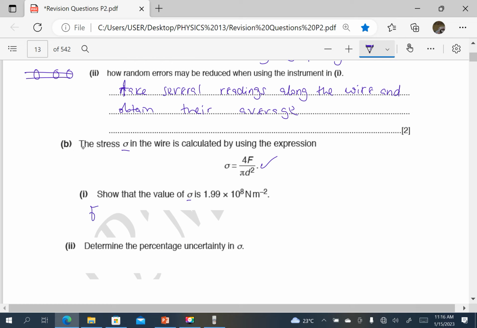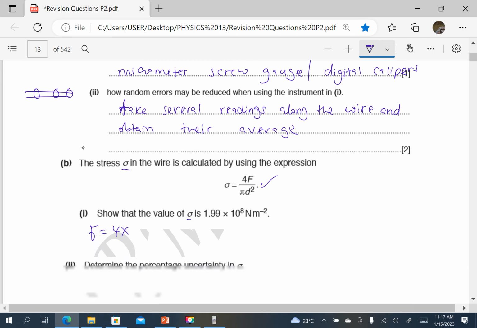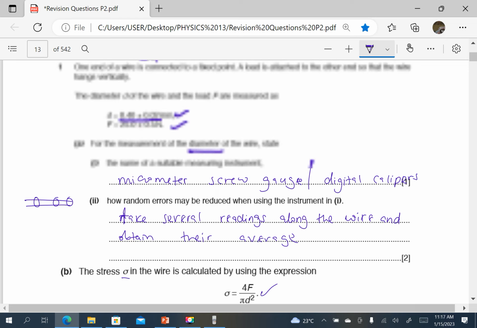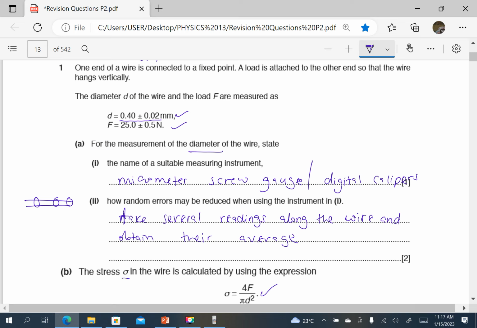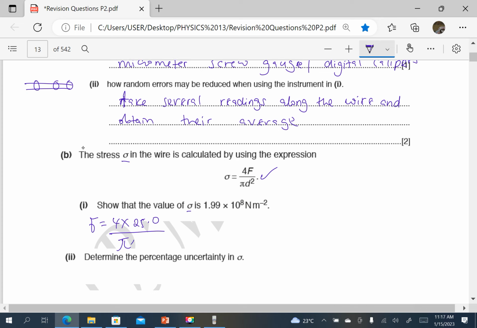Sigma is going to be equal to 4 times F, where F is, they gave us F here as 25.0, divided by pi times D, they gave us D as 0.4, but it was in millimeters. We have to change it to meters. So it will be 0.4 times 10 power -3, and this is squared.